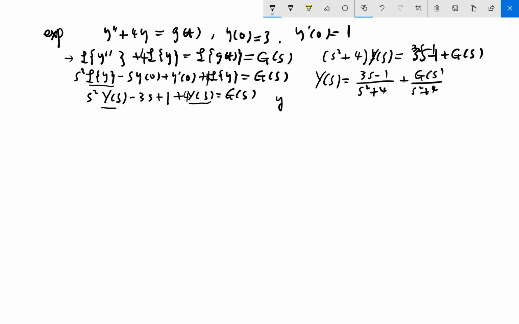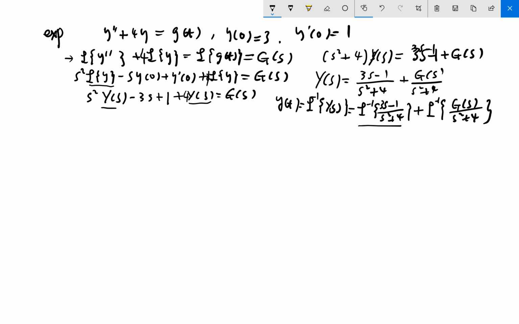So small y of t equal to the inverse Laplace transform of capital Ys, which is the inverse Laplace transform of each one. Use the property of inverse Laplace transform. Now let's find the inverse Laplace transform of each one.